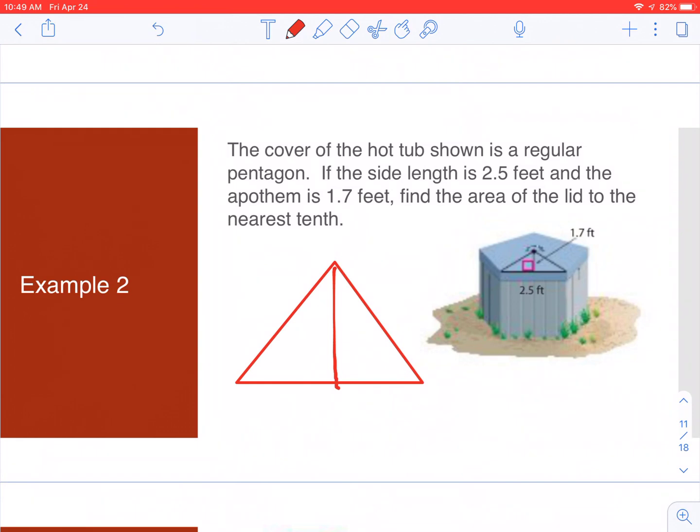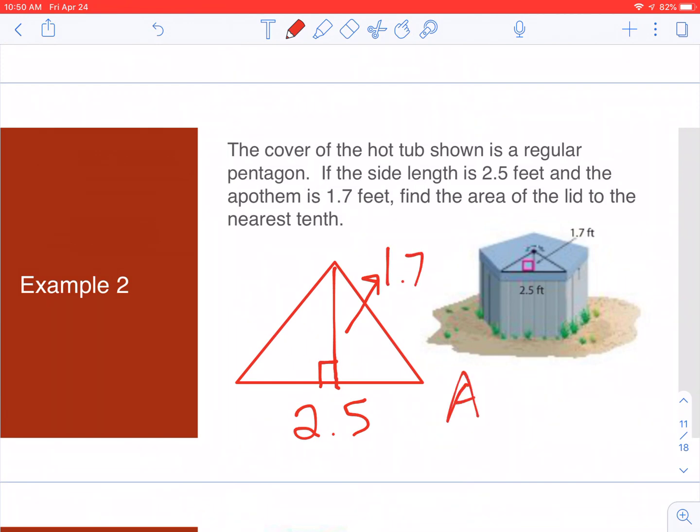Okay, and then here's my 90 degree. Okay, it says that the side is 2.5, and it says that the apothem, which is here, is 1.7.